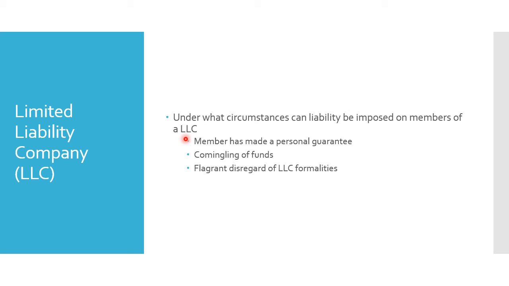All right. So the only way to get a loan or to get certain contracts is with a personal guarantee. So that commonly does happen with single member LLCs. They have to personally guarantee with their own credit loans and certain contracts for business purposes.